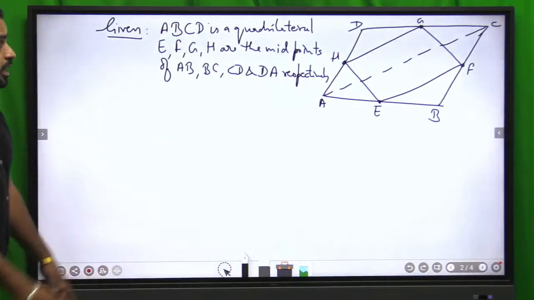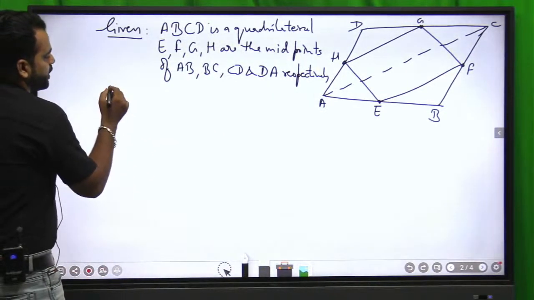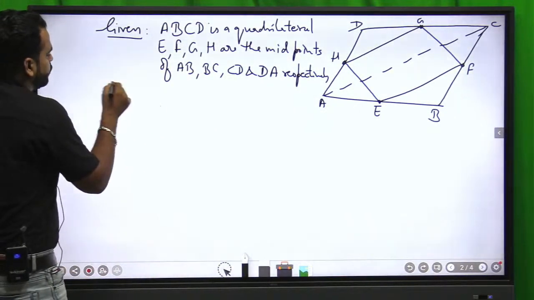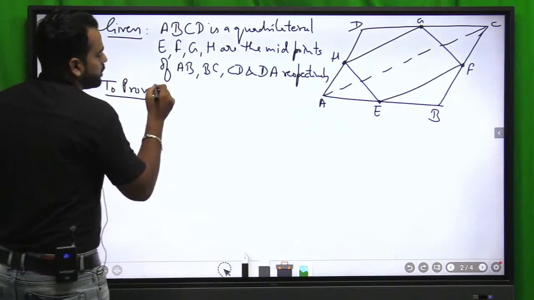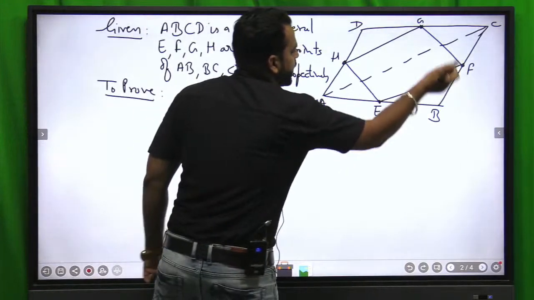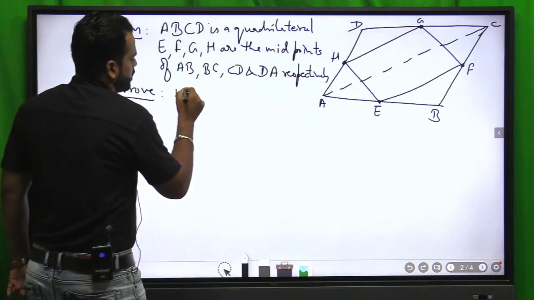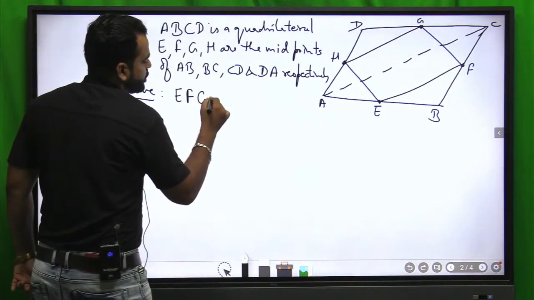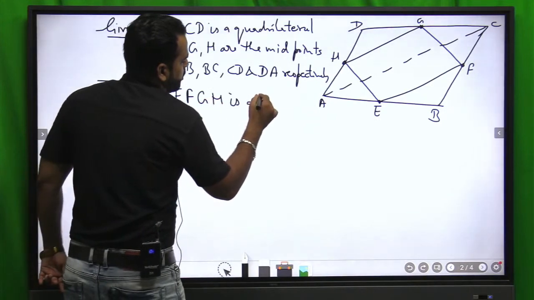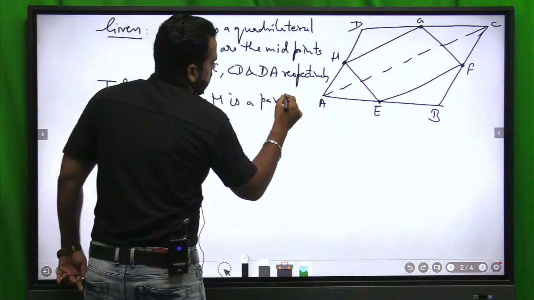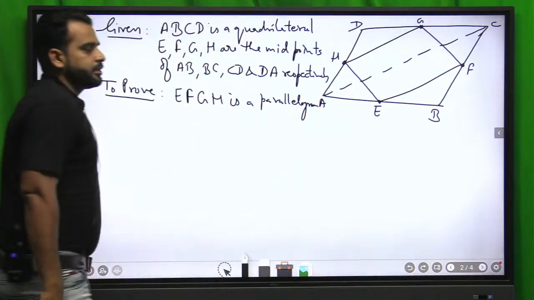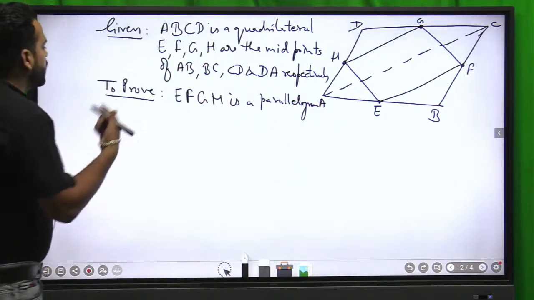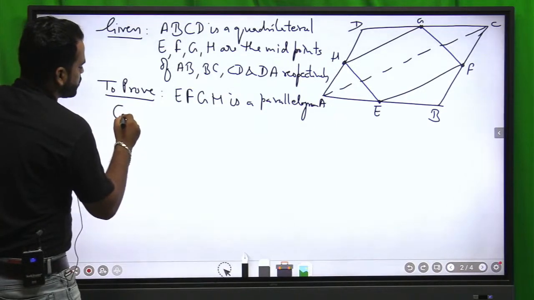Now these all are the given points. Now we need to prove that EFGH is a parallelogram. Here we have to do some construction.